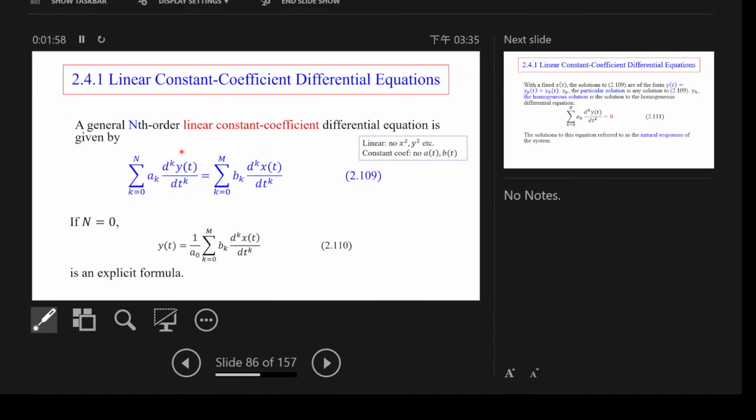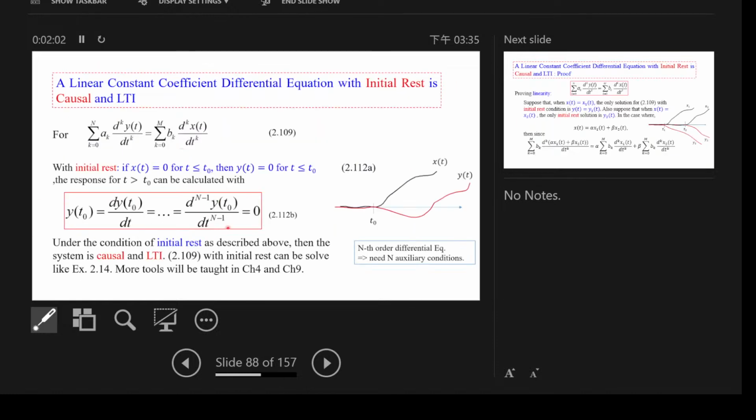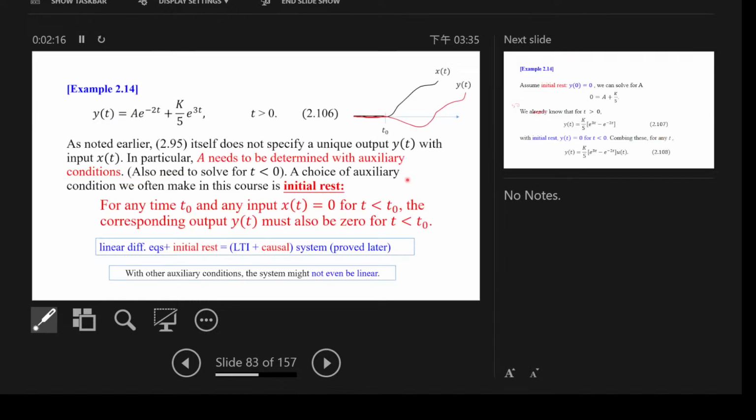It says that your output and a lot of its derivatives are 0 at the point where your x of t starts being non-zero. So this is a kind of weird condition, but we think it's very physical, and we'll use it.